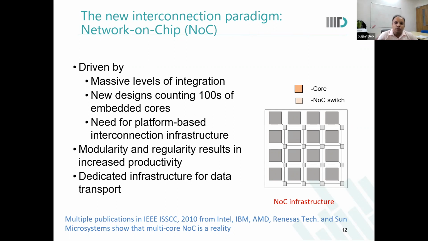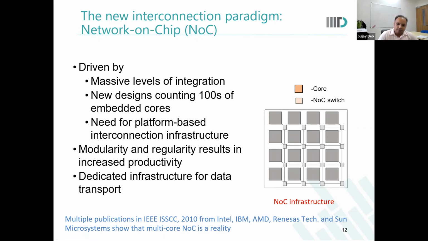Whenever you need to design systems with more than, let's say, 16 or 32 cores, you have to use something of this kind, network on chip, because without this infrastructure you will not be able to design multi-core systems.